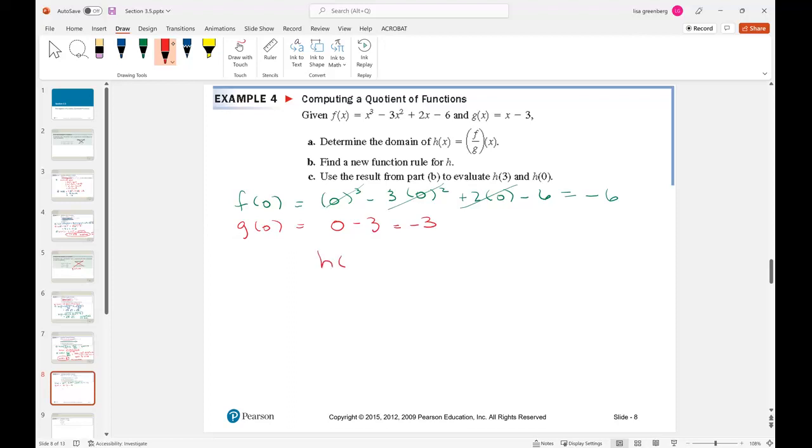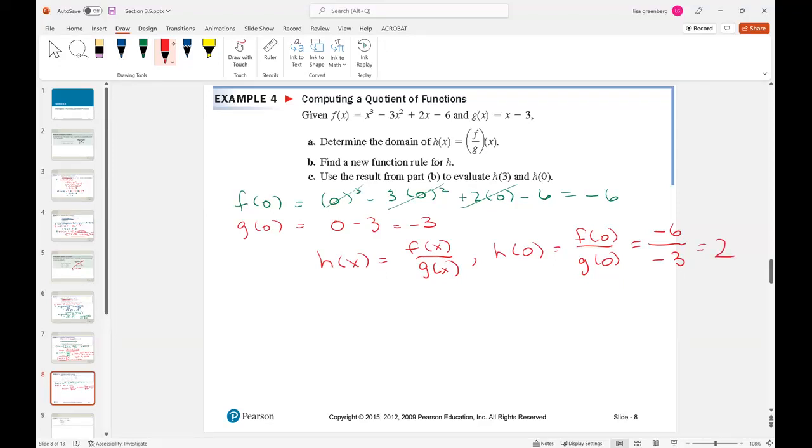So h of x is equal to f of x over g of x, which means h of 0 is equal to f of 0 over g of 0. So f of 0 we said was -6, and g of 0 we said was -3. So our final answer is 2.